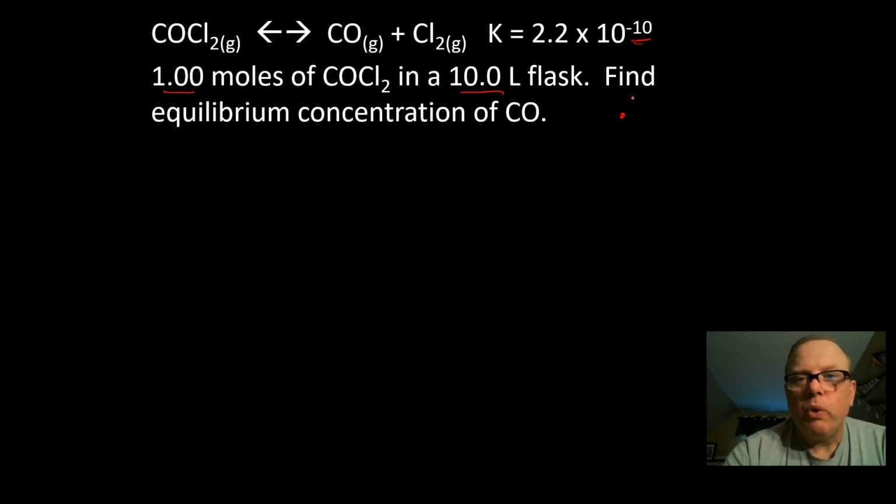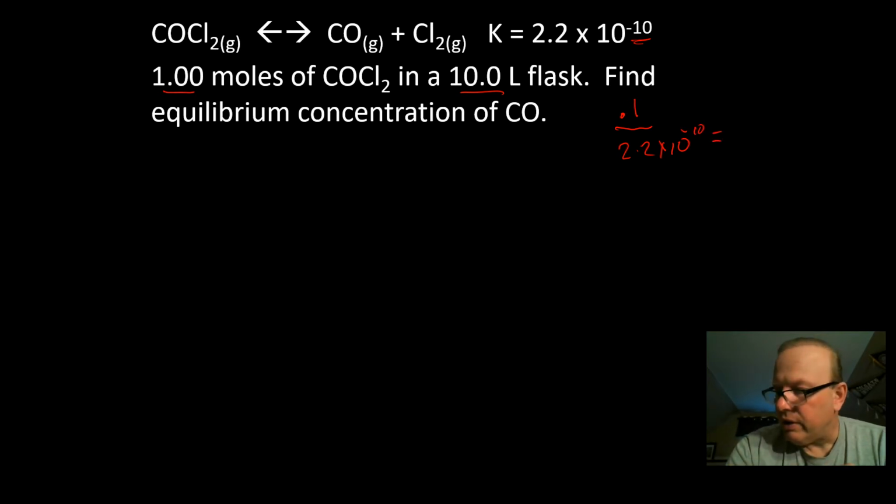So if I take 0.1 molarity and divide it by 2.2 times 10 to the negative 10, we're going to be able to approximate. For some reason, I didn't write it down, but it's obvious that we can approximate on this thing.